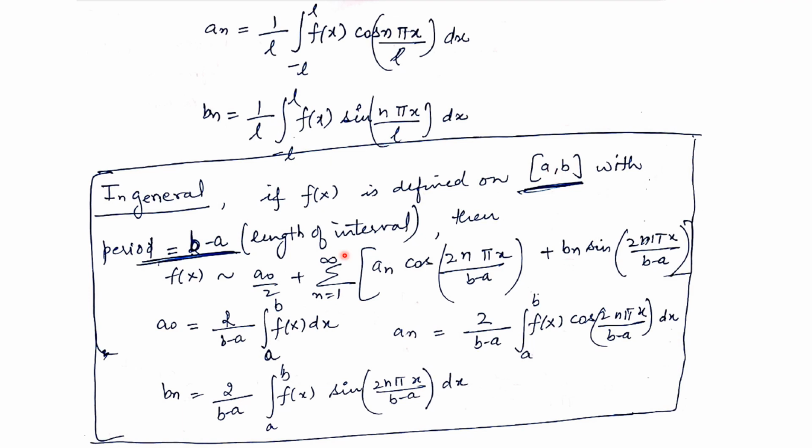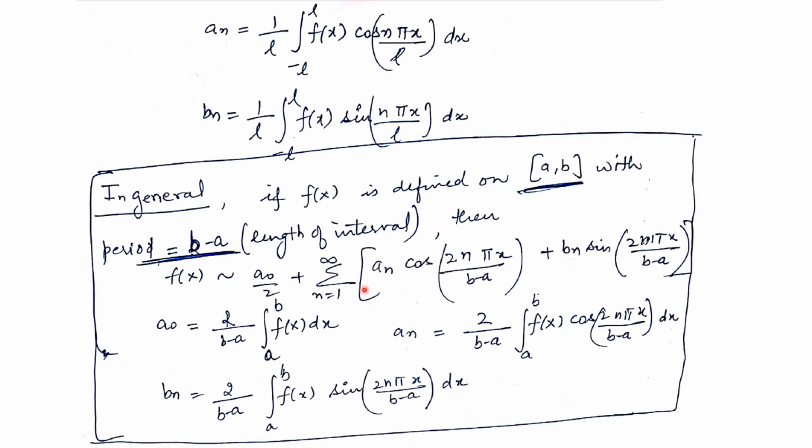Then the Fourier series of this function is of the form a naught by 2 plus summation of an cos 2n pi x by b minus a, which is the same as n pi x upon L, where L is half of the period, b minus a by 2.